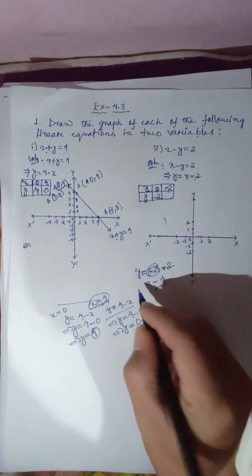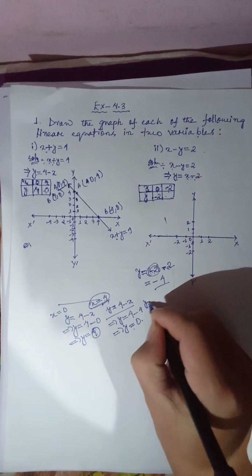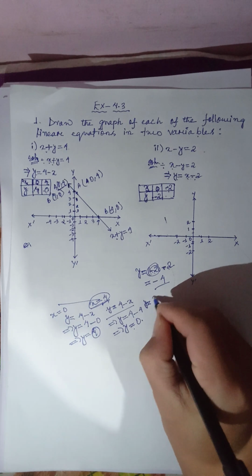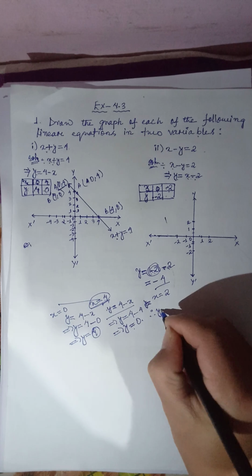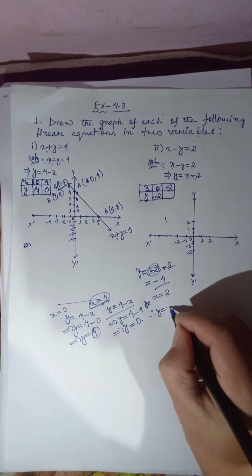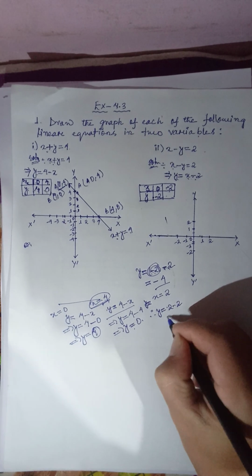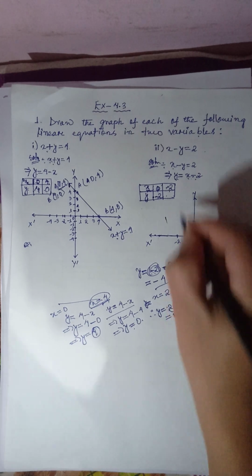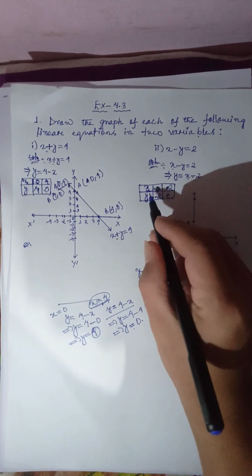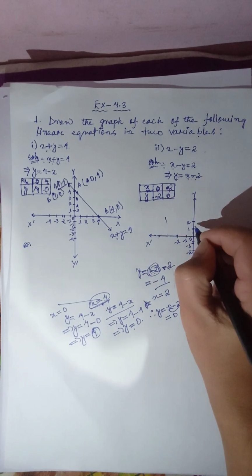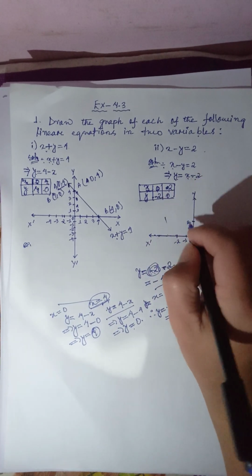Alright. In order to do this, let us assume the value of x is equal to 2. And whenever x is equal to 2, then the corresponding value of y is 2 minus 2. Alright. 2 minus 2 will give you 0. Here it will be like this. And the values of x that we got in the first case, it is 0, minus 2.